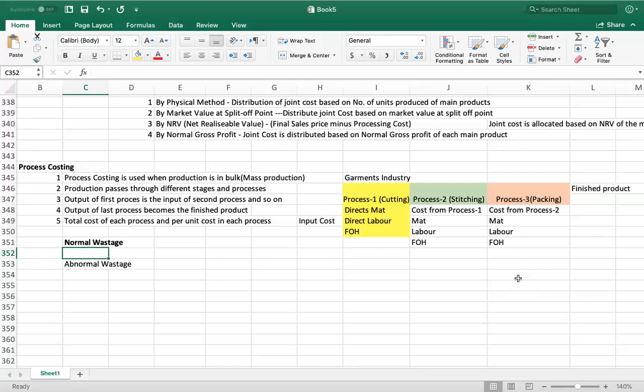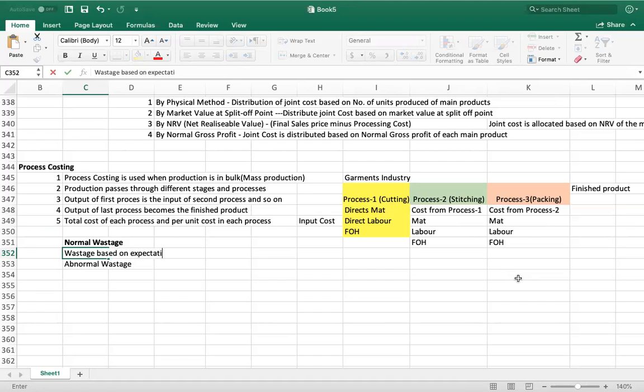Yeah, it is damaged. Okay, but based on our expectations. What are our losses or damage or wastage based on our expectation? For example, we are expecting that when we start our production, maybe 5% or 10% of material will be wasted. So this is our normal wastage. You can say wastage based on expectation.